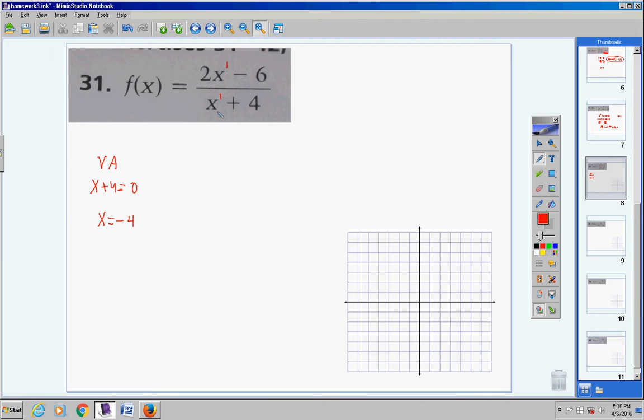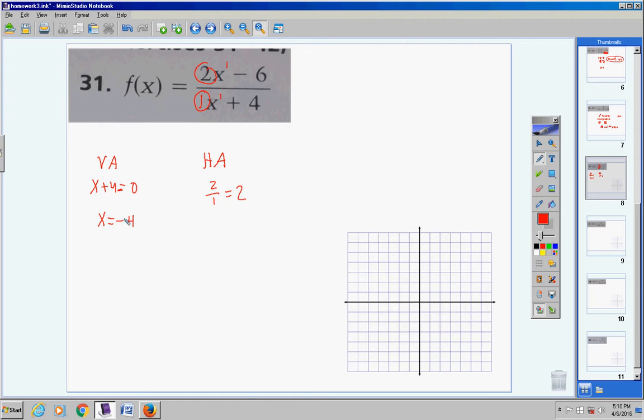If your degree is greater in the denominator, you have a horizontal asymptote at 0. If the degrees are the same, you take your lead coefficients and you put them on top of each other, 2 over 1. So because my two degrees are the same, I put lead coefficient over lead coefficient, 2 over 1, which is 2.